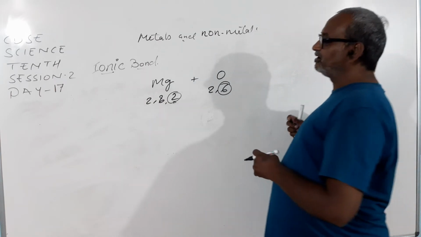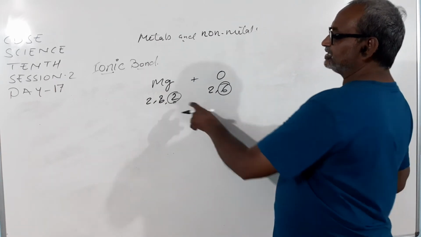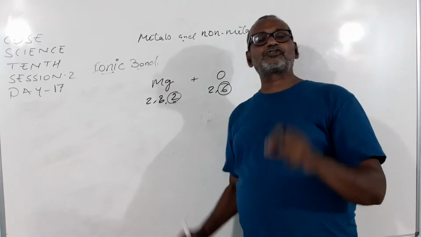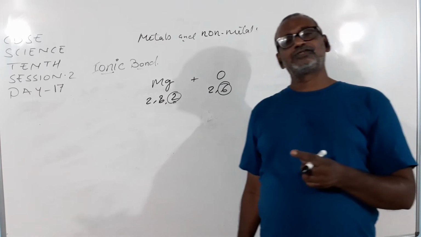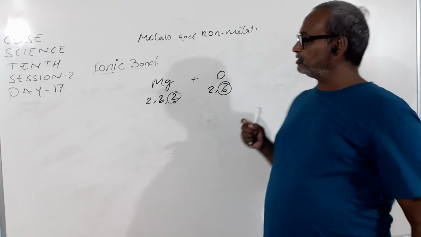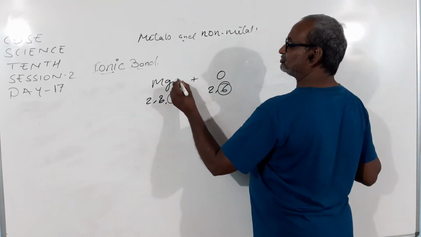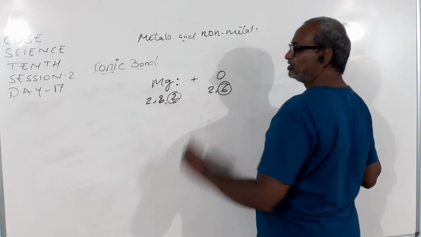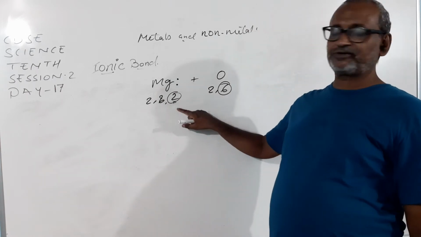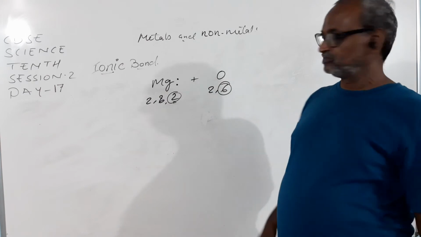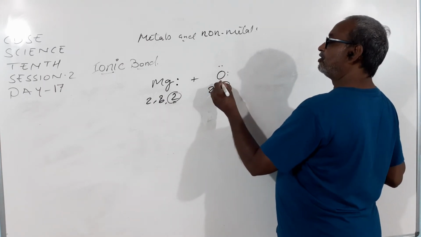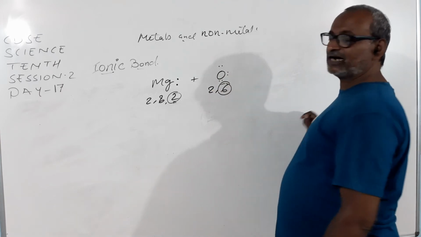So we show only electrons in the outermost orbit by an electron dot method, in which one dot represents one electron. For example, magnesium has 2 electrons in its outermost orbit, so we have shown 2 dots for these 2 electrons in the outermost orbit. Oxygen has 1, 2, 3, 4, 5, 6 electrons in its outermost orbit.